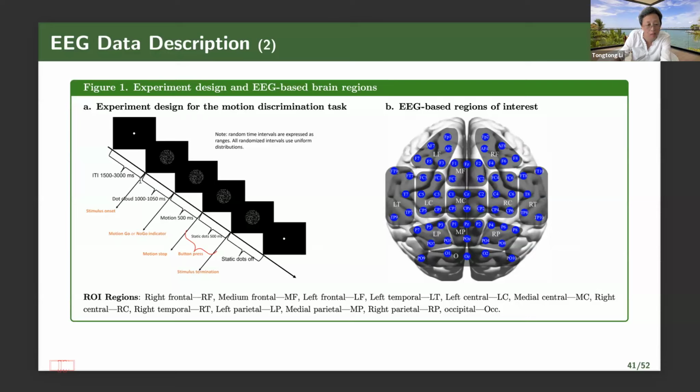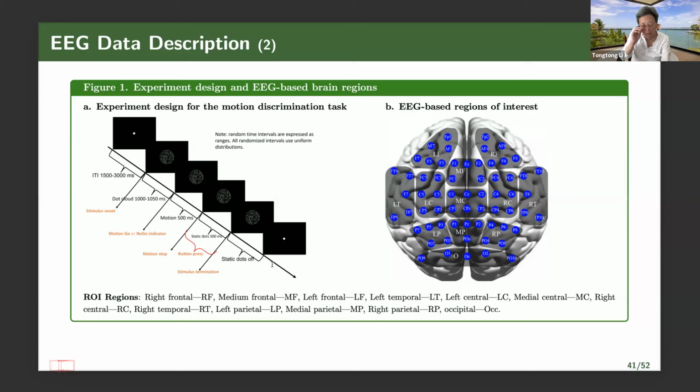After a random length of time, the dots will start to rotate, and then the participant will be told whether it's a go or a no-go. When it is a go, they need to press a button to tell the direction, whereas no-go, they don't need to press a button. So no-go turned out to be a more difficult task. And then the motion stopped. The participant can only press a button after the motion stopped.